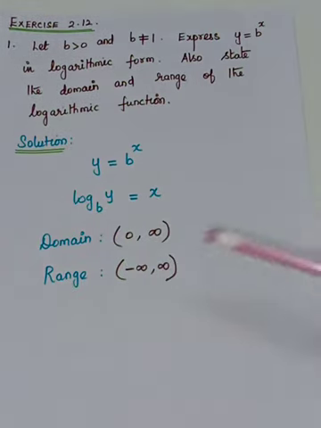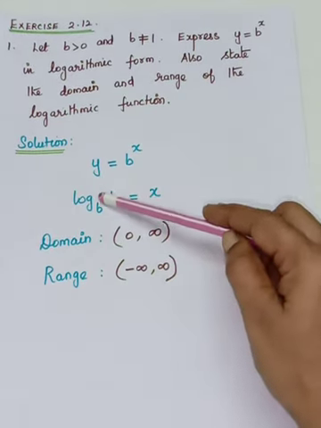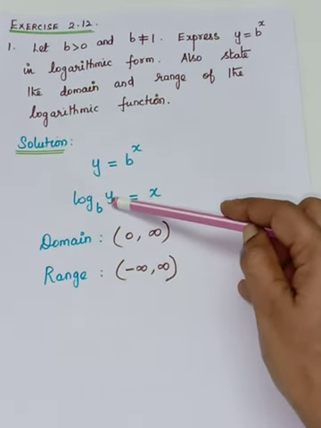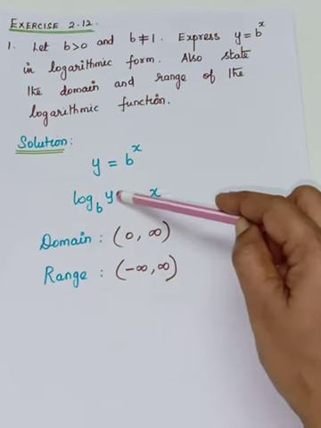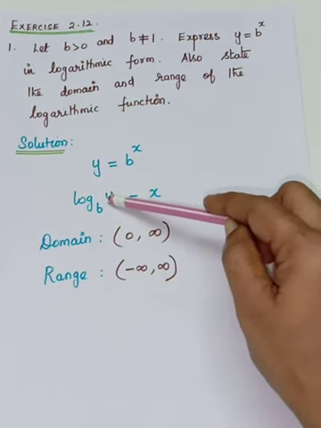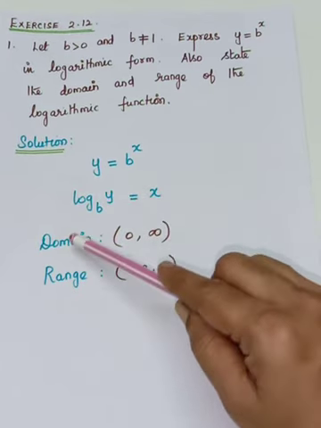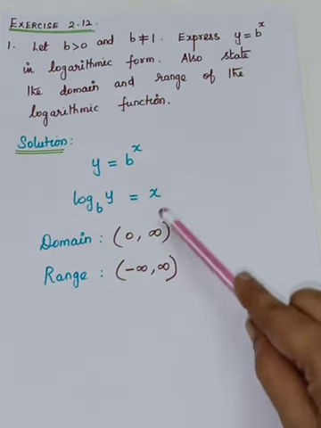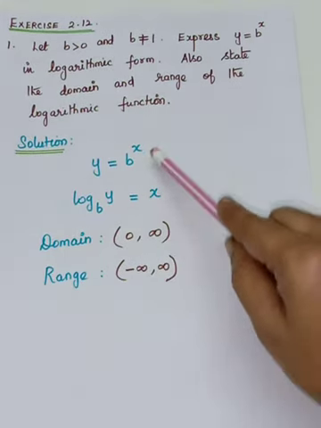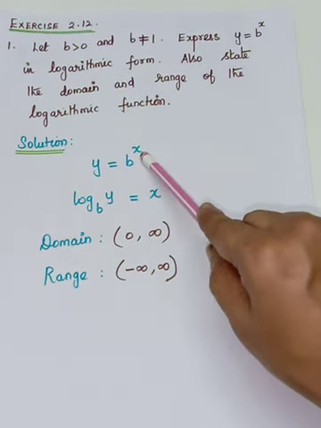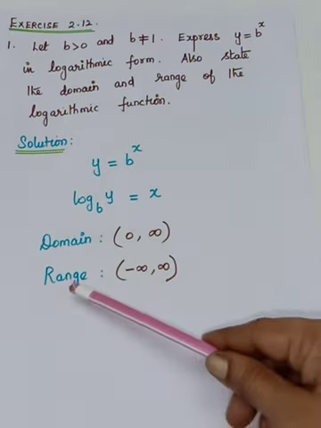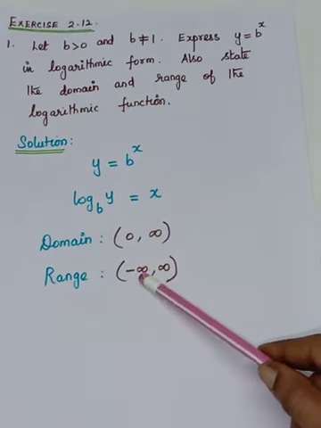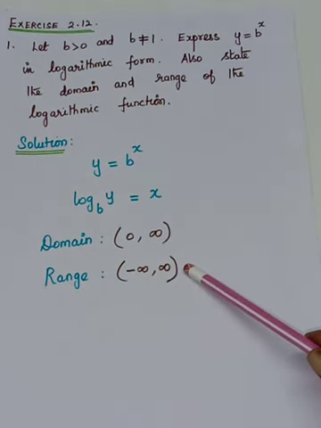I have already said, this is the number next to the log, and it should be a positive real number. So the domain of the logarithmic function is 0 to infinity. And the answer is x, which is on the power. The power may be any real number. So the range of the logarithmic function is minus infinity to plus infinity.